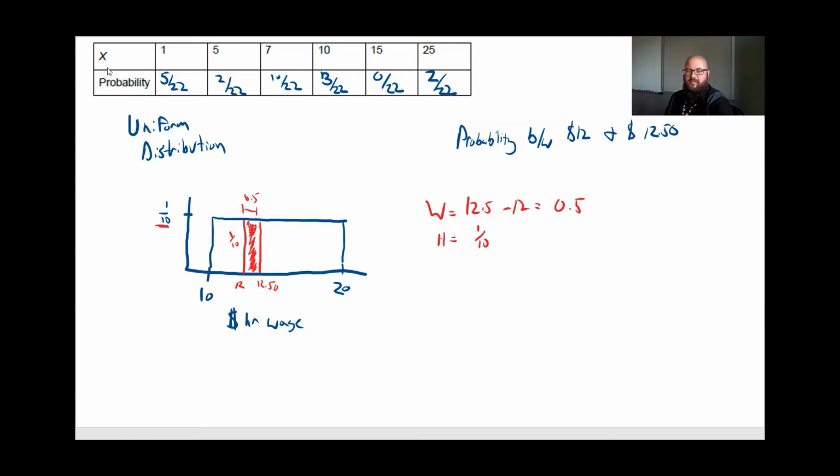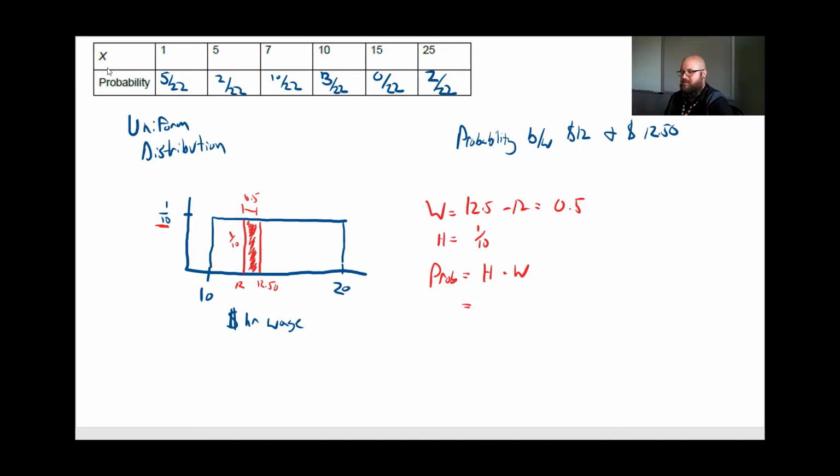So if we want to find the probability, then we just multiply them together and get the area under that curve. We're just trying to find the area of this rectangle in here. So for the probability, you're taking your height times your width in the situation for uniform distribution.